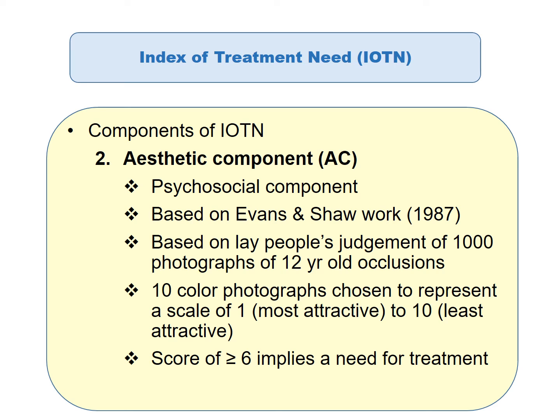Now it is based on lay people's judgment of 1000 photographs of 12-year-old occlusions, and from these 1000 photographs 10 color photographs are chosen to represent a scale of 1 or most attractive to 10 or the least attractive. Now a score of more than or equal to 6 implies a need for treatment based on the psychosocial perception.